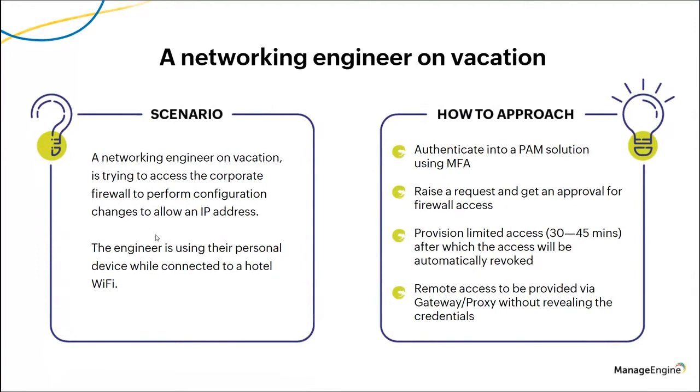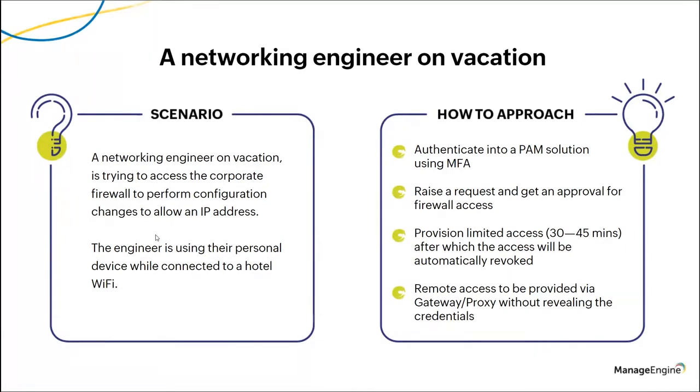Let's say there is a network engineer who is on vacation, and the team is working on an incident that requests them to connect to a firewall and allow a particular IP address. Somebody has raised the request as a ticket, and the ticket has been assigned to the network engineer.